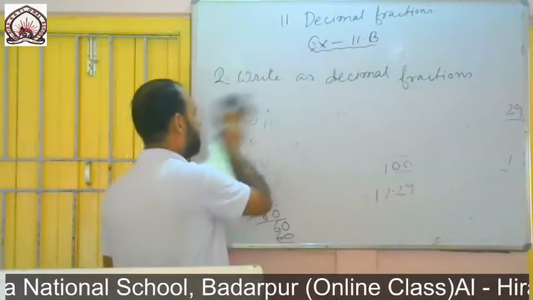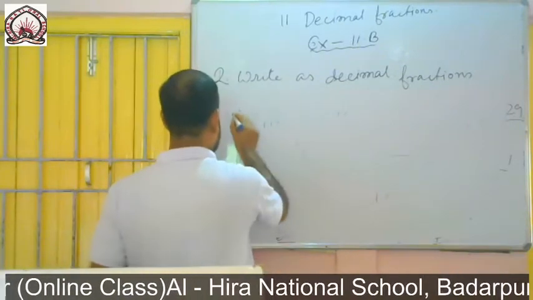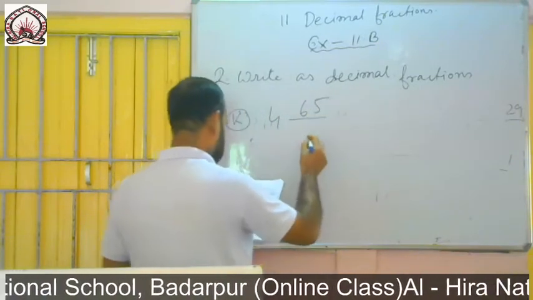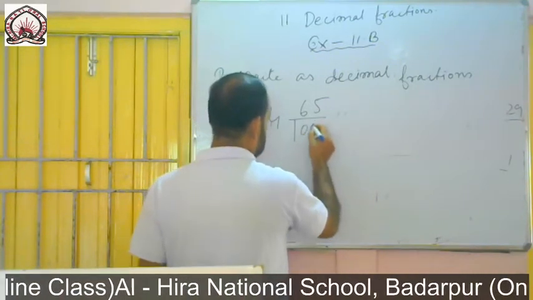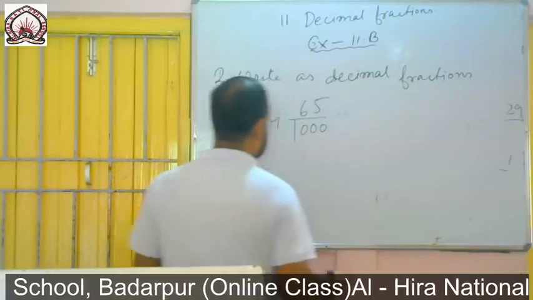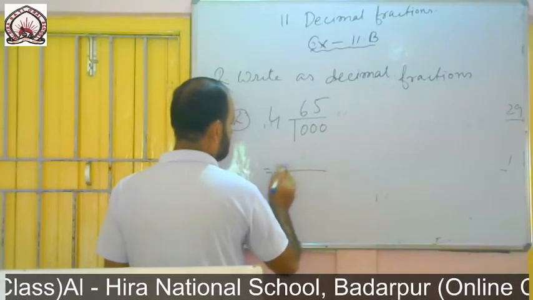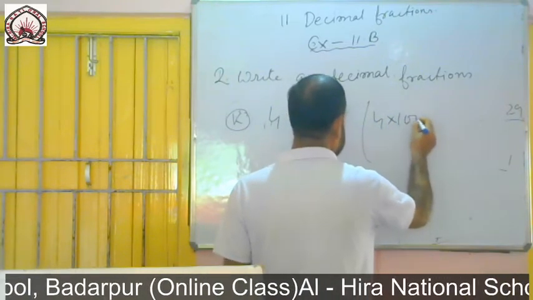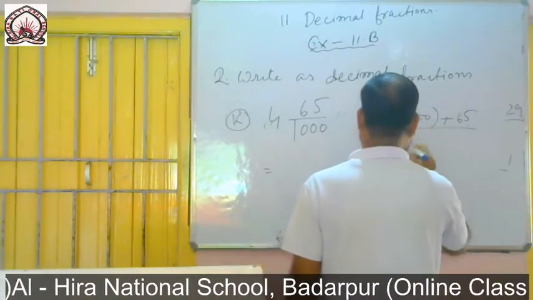Next question number K: 465 by 1000. If we make an improper fraction, we do a rough calculation: 4 into 1000 plus 65 by 1000.